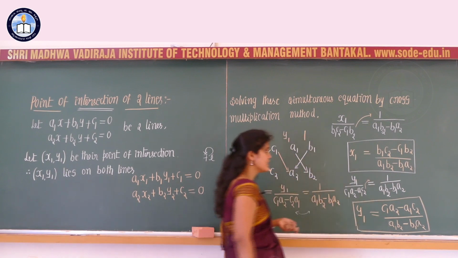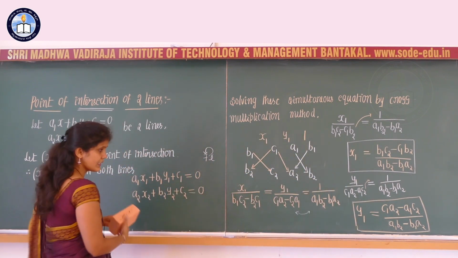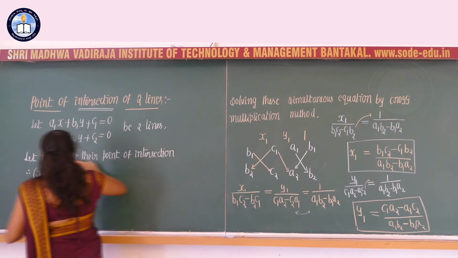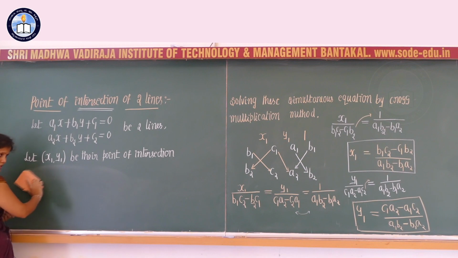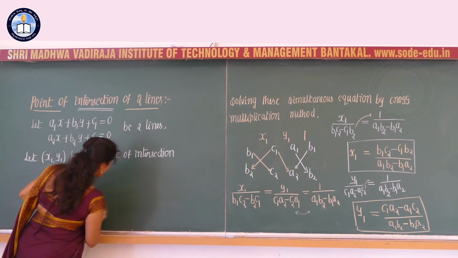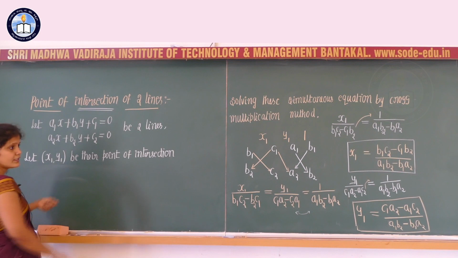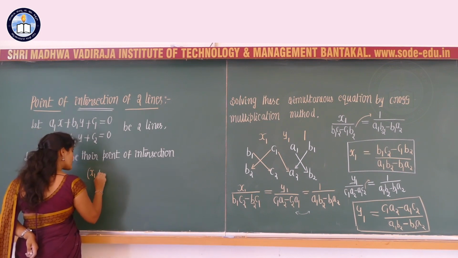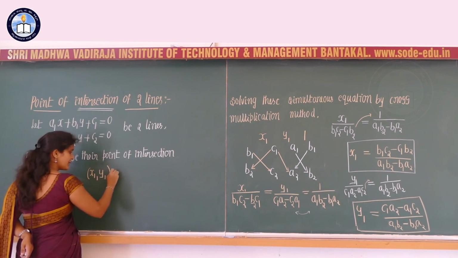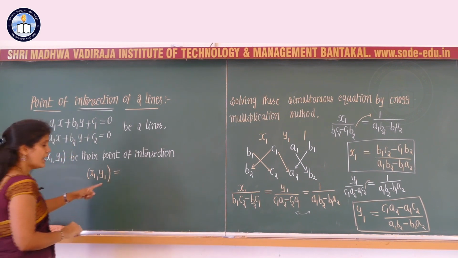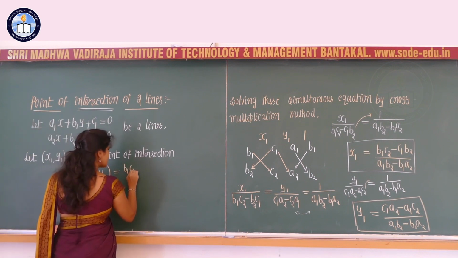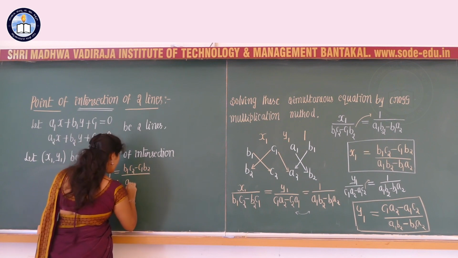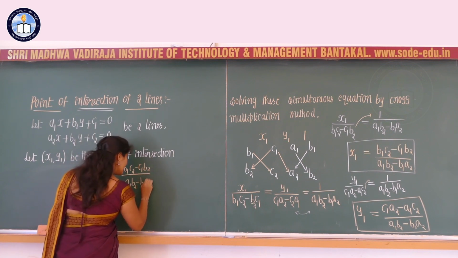So these represent x1 and y1. We have considered here, let x1 comma y1 be the point of intersection. Then the point of intersection of these two lines is given by the ordered pair x1 comma y1, where x1 is equal to b1 c2 minus c1 b2 divided by a1 b2 minus b1 a2.